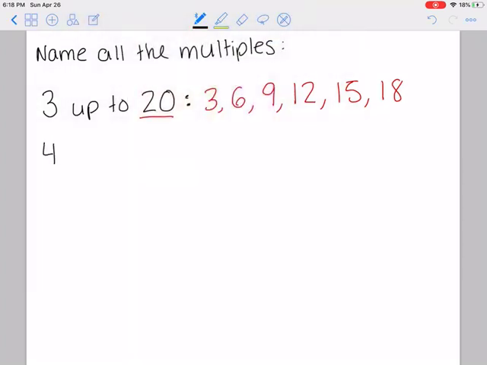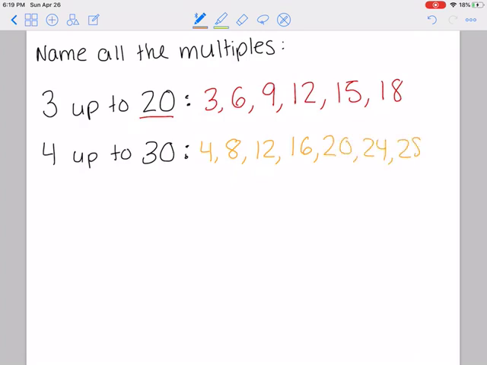The next one is multiples of 4 up to 30. So 4 times 1 is 4, 8, 12, 16, 20, 24, 28, and then 4 times 8 is 32. Now I'm going to stop because 32 is bigger than 30, so I'm going to leave it at 28, which is 4 times 7.